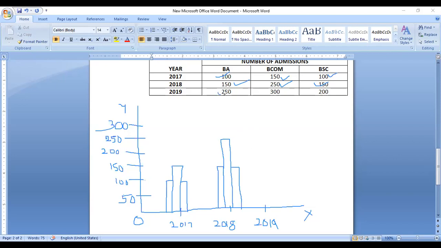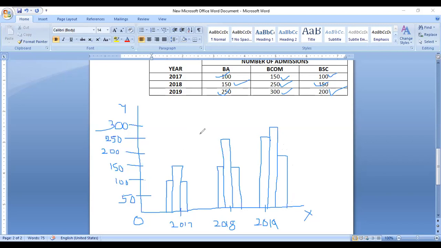Now coming to 2019 year, BA 250. Then BCom 300. Then BSc 200. So like this we have to do.